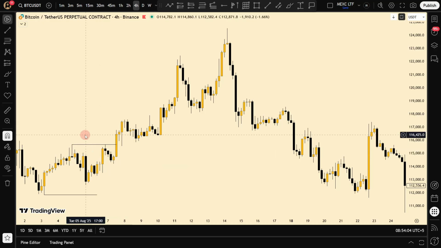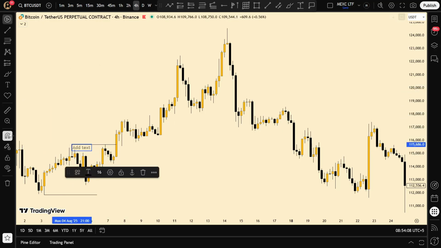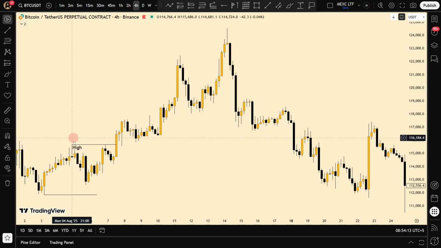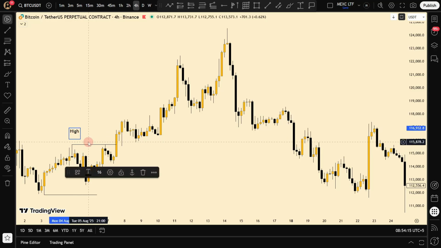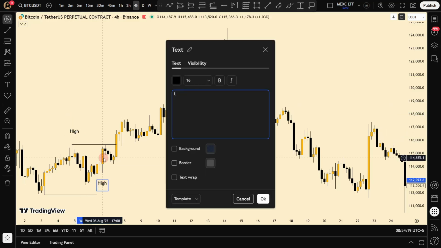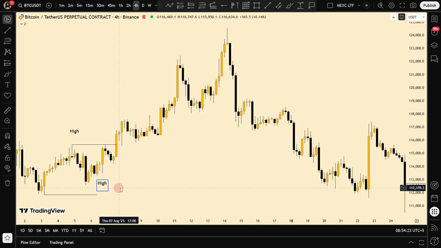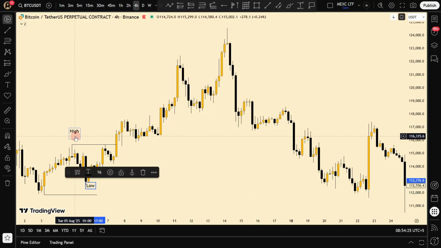By annotate, I mean right above them, what is it? It's a high. What is this? It's a low. It's a low, it's a high.